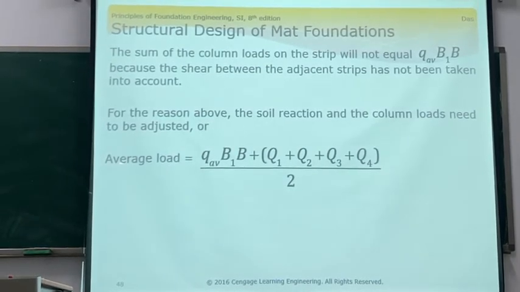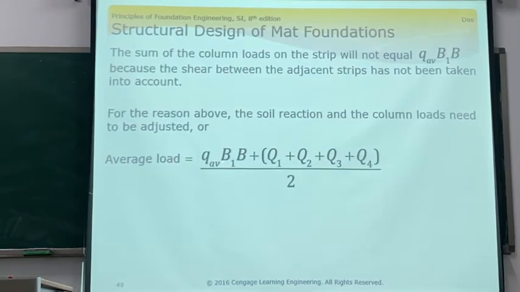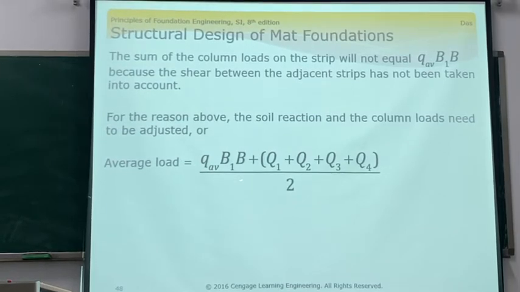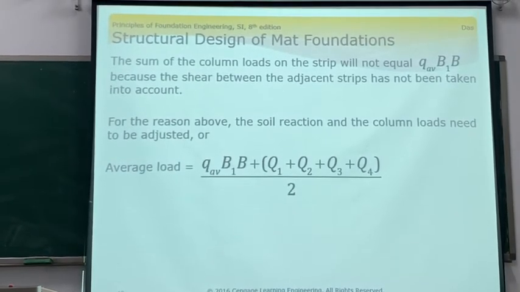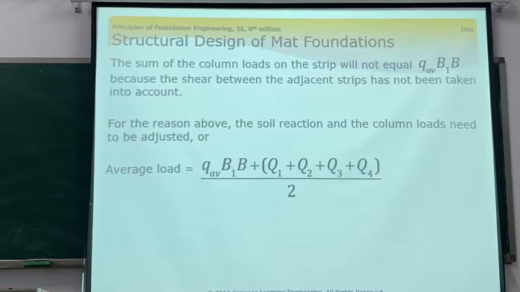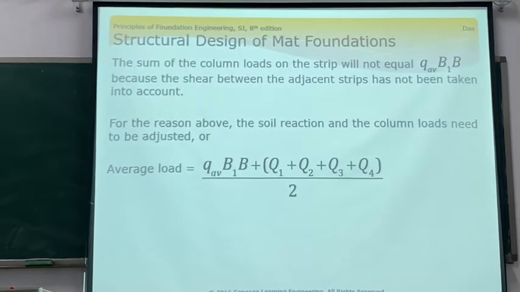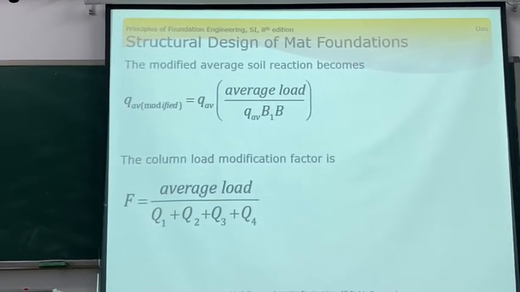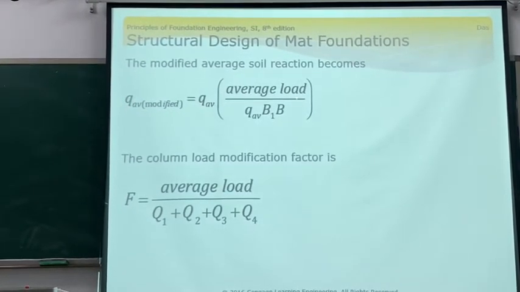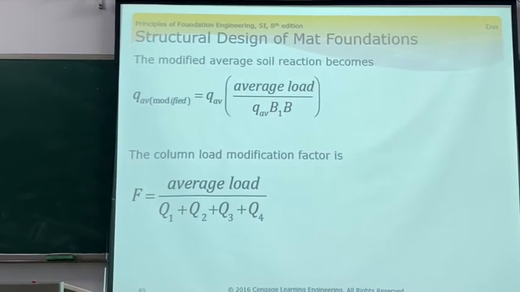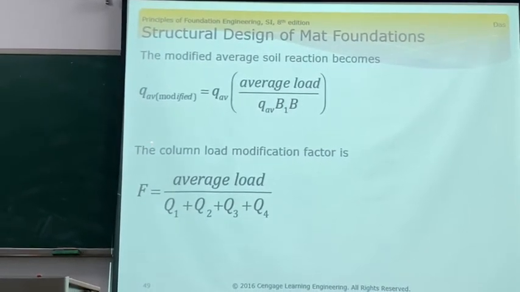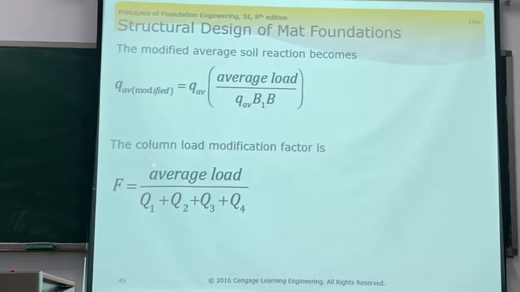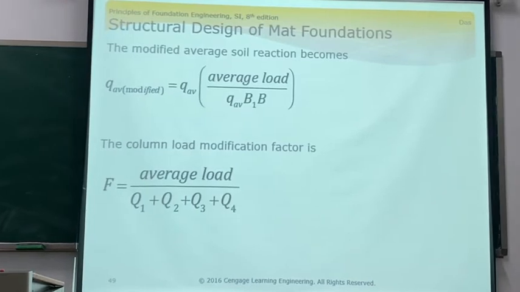You can use the average load, use this one to replace this one. So the average soil reaction will actually become the Q average load by Q average B1 by B. So then we can go to the column load modification factor. This is the factor of the column load.